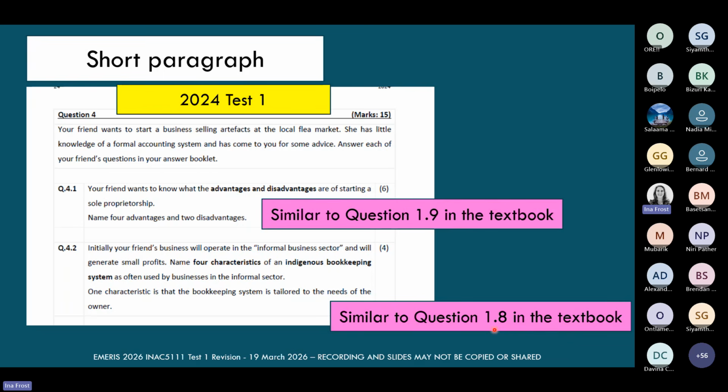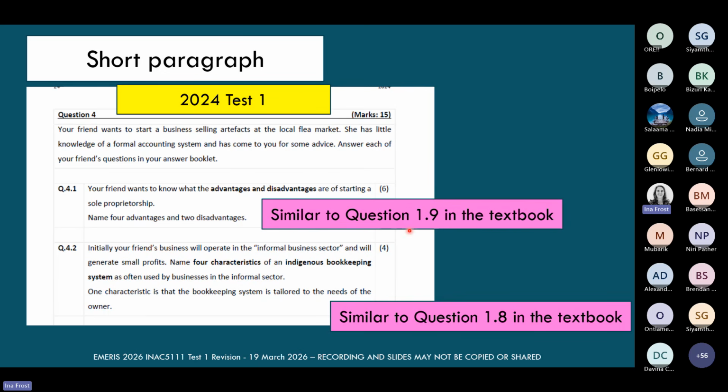So I hope you're also starting to see a trend here. You can see each time when I put up a past paper question, we are able to match it back to a textbook question. That is just to reinforce again the importance of you working through your textbook questions, because often the questions in your assessment are taken directly from your textbook.